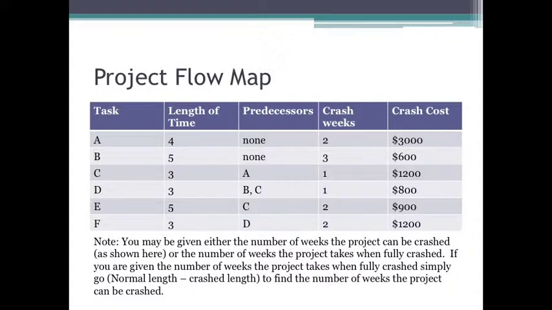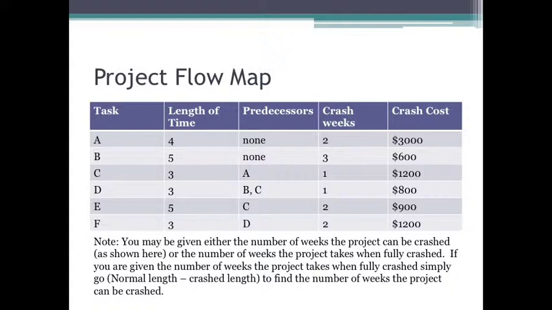Now, the other piece of information you may be given in one of two forms, and it's important to note what that form is when you're working the problem. We could be given the number of weeks that we can crash it, which is what we're interested in, the number of crash weeks. Or you could be given the length of time for that task when it's fully crashed. Either one could be given to you.